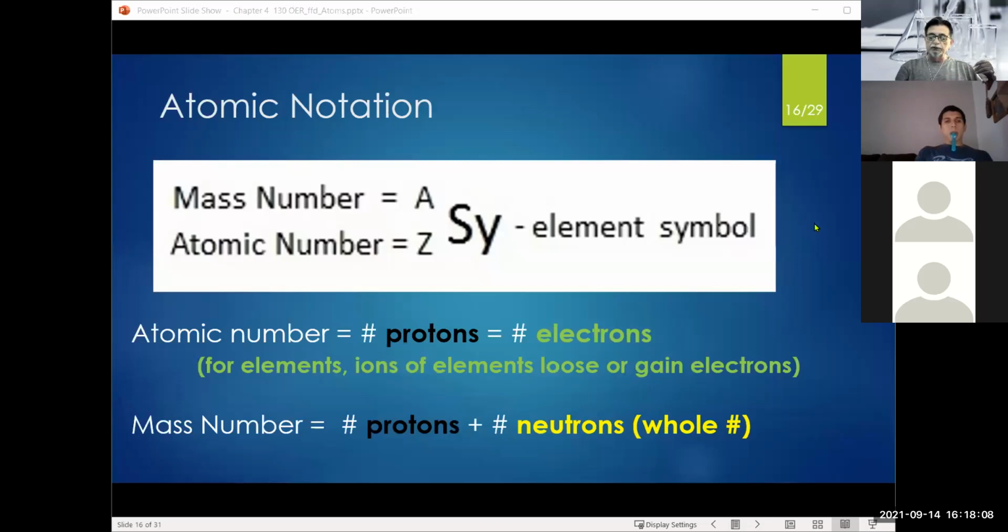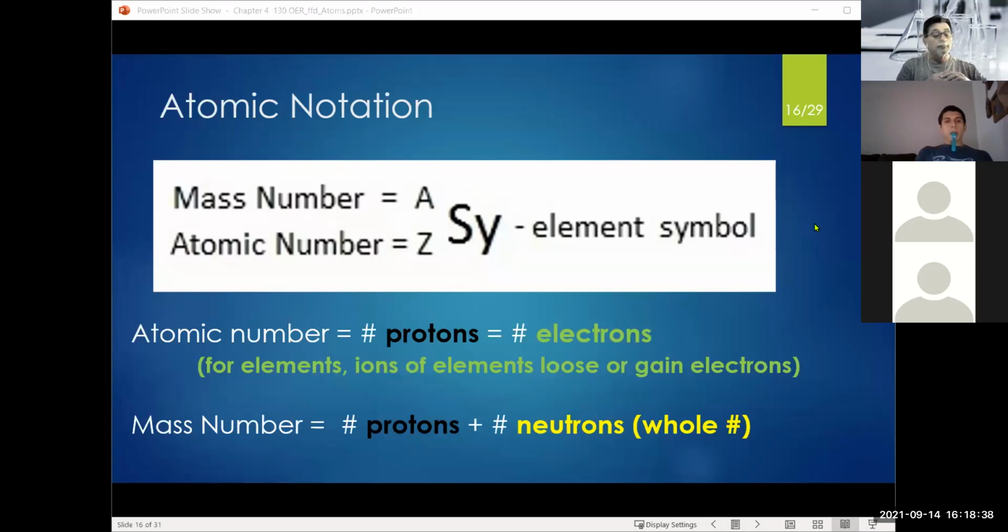We talked about giving the proton and the neutron an AMU, or atomic mass unit. We gave it a relative weight, assigning a value of 1 for a proton and 1 for a neutron. So the sum of the protons and neutrons gives you a whole number, which is given as the mass number.